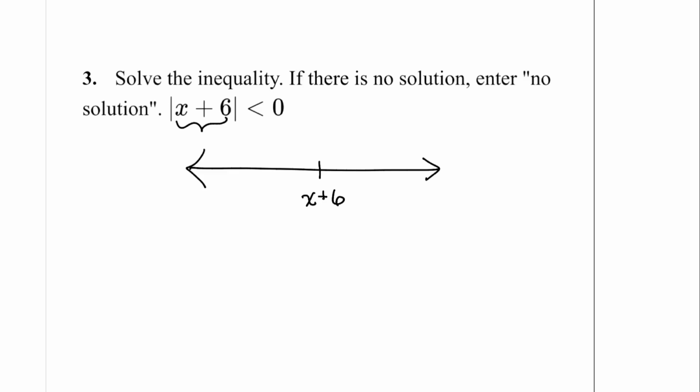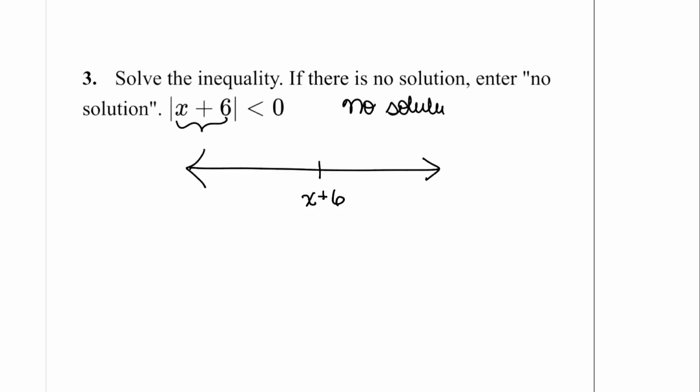Well, that doesn't really make sense here because what we would normally say is that the distance away is, let's say it's 3, then we would talk about the area in here from both sides. So this would be negative 3, this would be 3, and then basically the solution would end up within there. If the absolute value, the distance away from x plus 6, is less than 0, there's going to be no solution here.